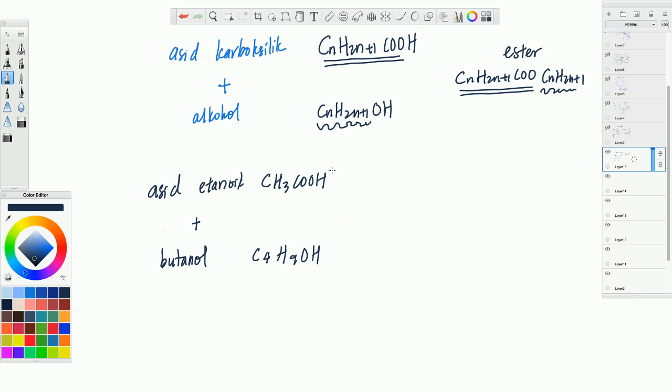To draw this, what we do is we take the top part, CH3COO. Okay, we take the first part. Then the alcohol part is always at the back. C4H9.